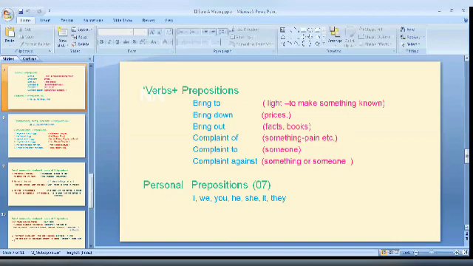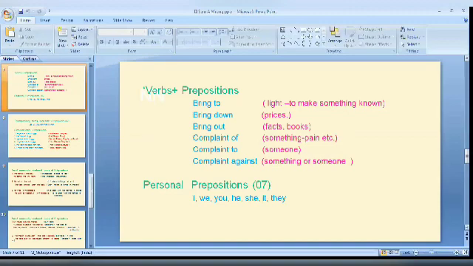And the next thing that we should know when we try to understand the usage of prepositions is that we use prepositions with some persons. These are called personal prepositions.